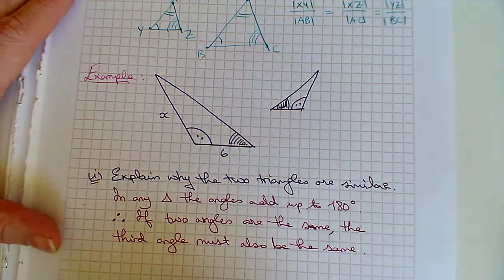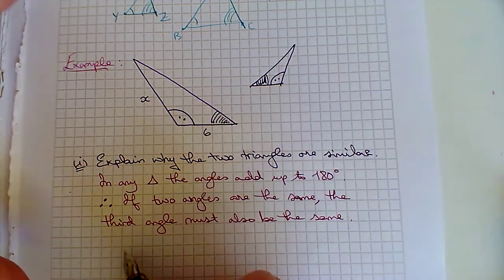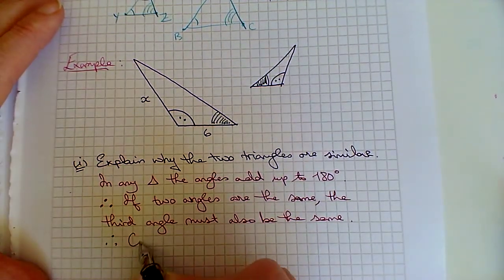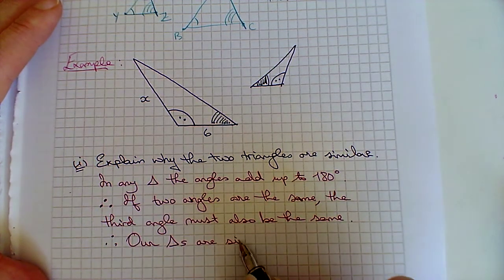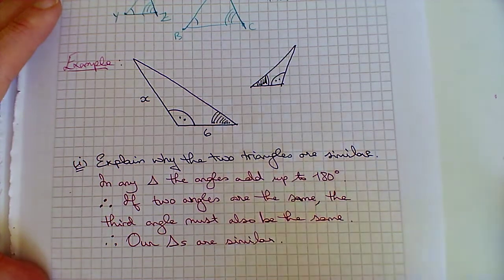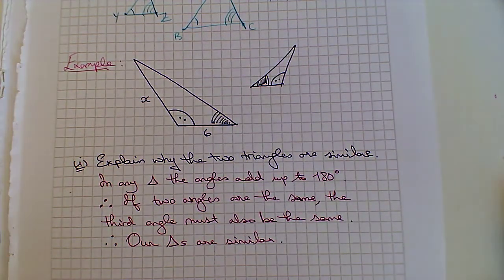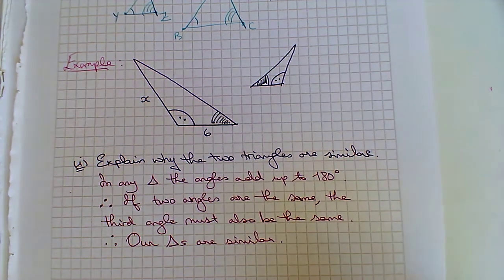And therefore, our triangles are similar. So long as what you've written down is clear, you don't have to use full sentences, and you can use symbols to represent triangles, squares, etc.